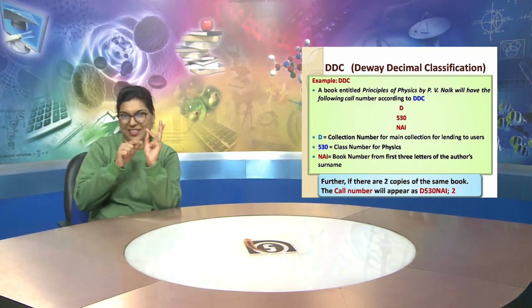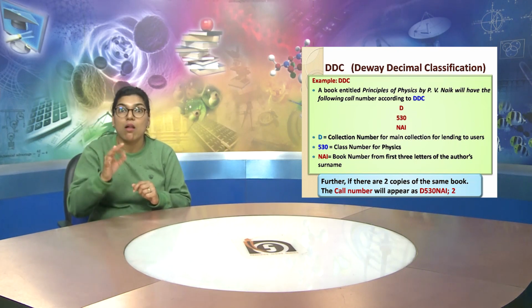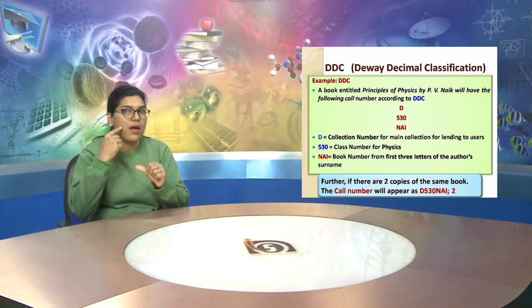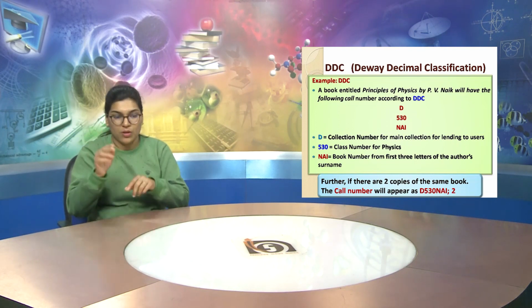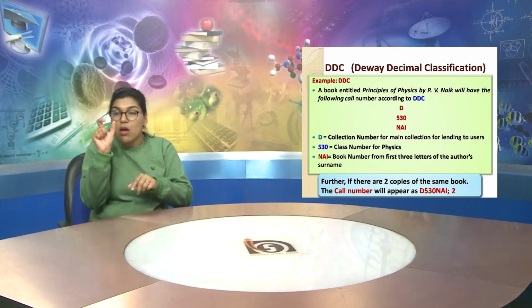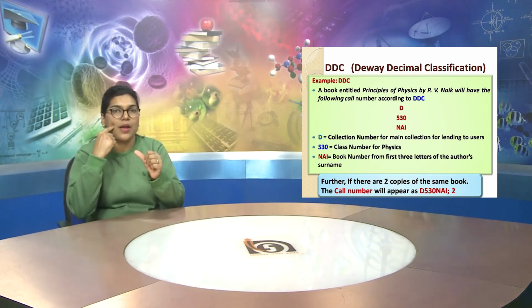The third part of this call number is the name of the writer. Here you can see the name of the writer is P.V. Nayak. So we will take the 3 alphabets of the name Nayak, N-A-I. That is why we have chosen N-A-I.